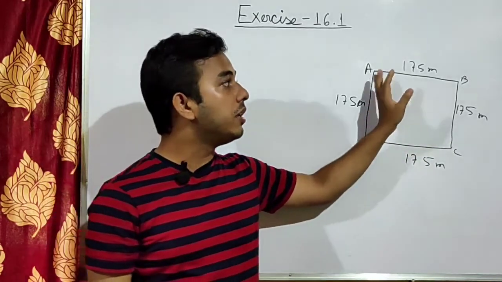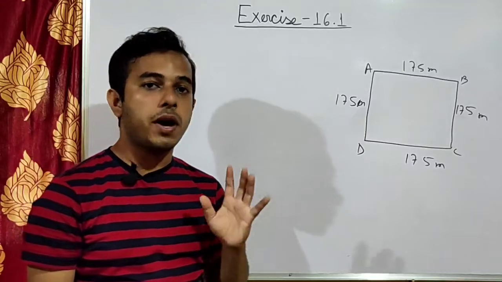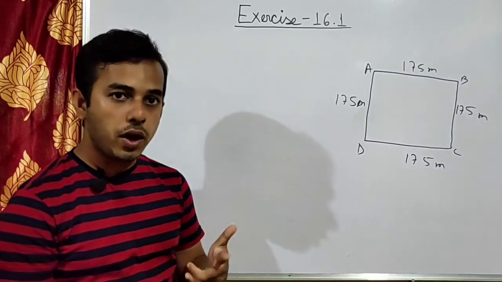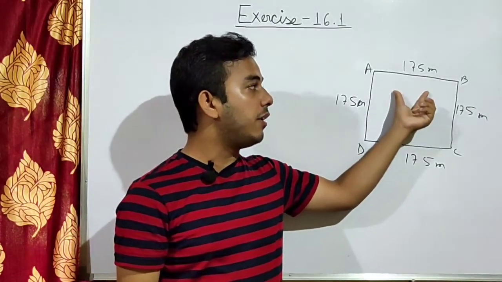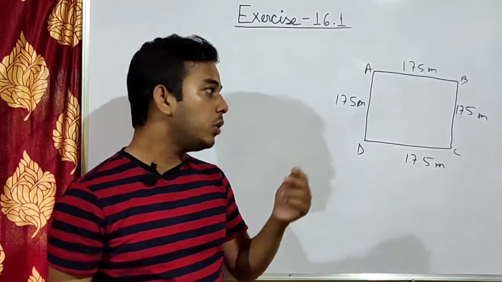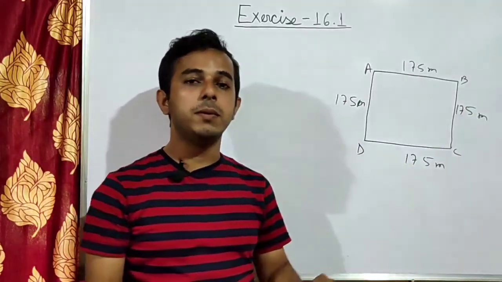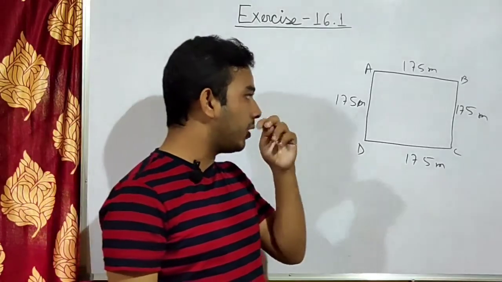He will calculate the side. First he will consider that your park is a square. Then he will consider the length, that is the side of your square park, which is 175. Then he will find the perimeter. After finding the perimeter, he will say what the length of the boundary is.